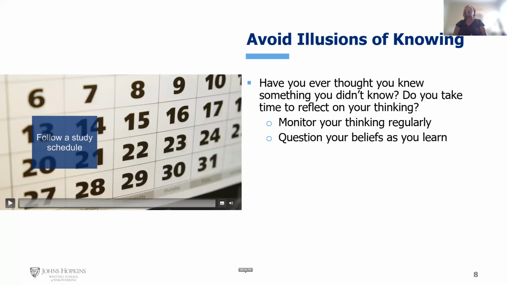And this is something you want to do within your courses as well. If you feel really confident about your course material or your knowledge, just take a moment to question that confidence, see if there's something else you could know or learn about your course material.